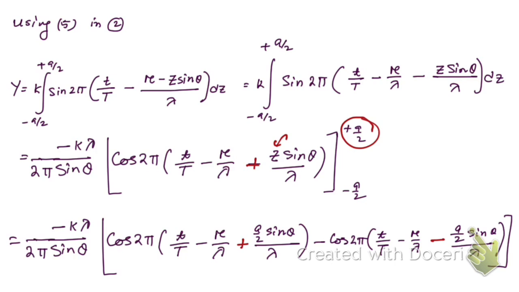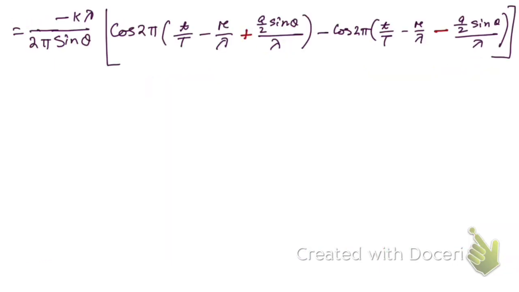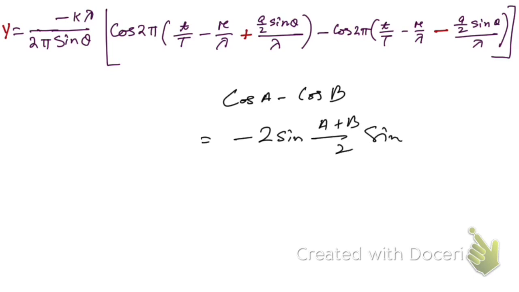Now here we're gonna apply a trigonometric identity. Okay, let me copy this last step and let me take a new slide to simplify this. Just wait. So here is the last step. This is nothing but y. Okay, so now let's simplify this. So here we're gonna use a trigonometric identity: cos A minus cos B is equal to minus 2 sine (a plus b) by 2 sine (a minus b) by 2, right?